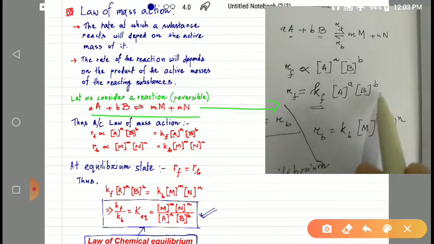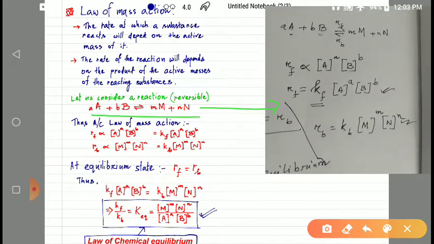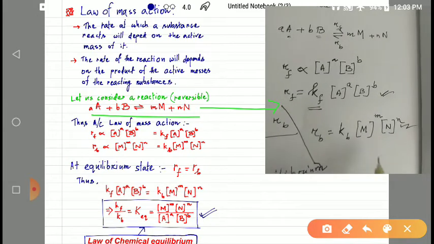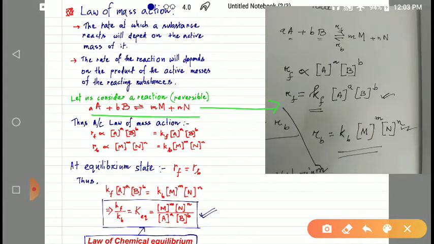These two equations are obtained from the law of mass action concept.